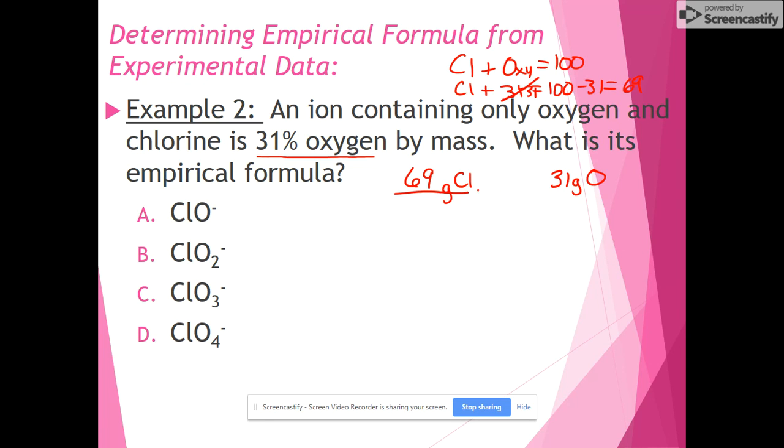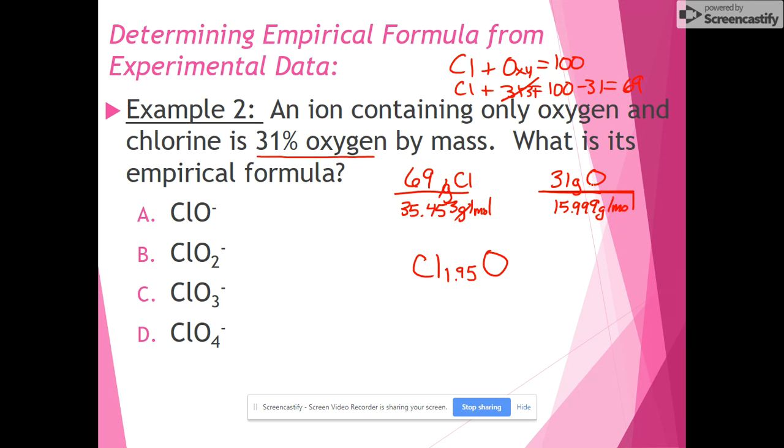We divide each one of these by the molar mass from the periodic table. For chlorine, the molar mass is 35.453 grams per mole. And for oxygen, it is 15.999 grams per mole. Our grams cancel out. For chlorine, again, I'm going to write this as a subscript when I divide. 69 divided by 35.453 will give us 1.95.